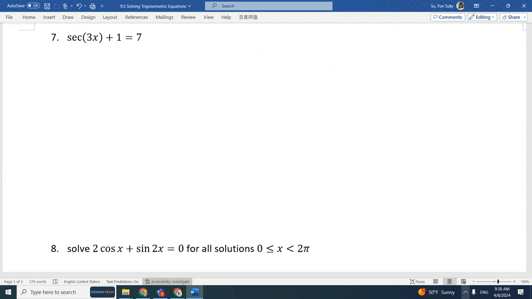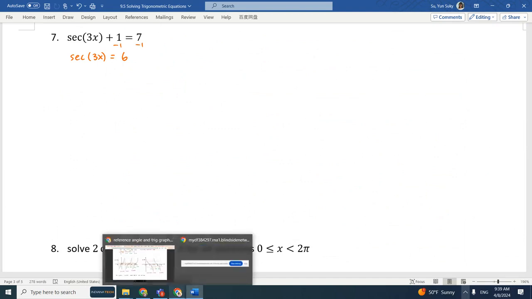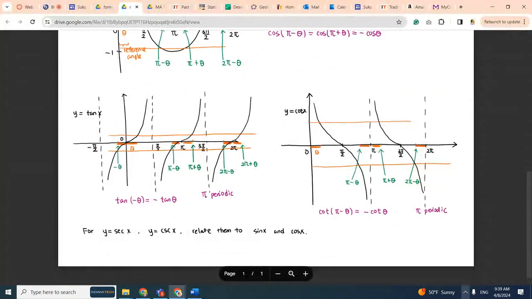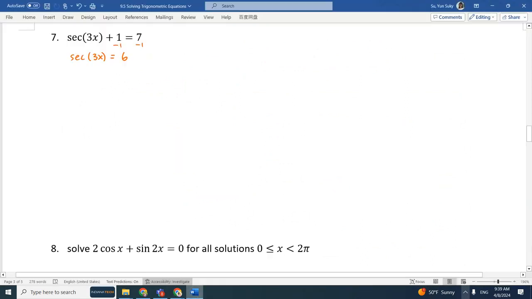How do we do it? Subtract 1. So we get secant 3x is what? 6. Okay, secant 3x is 6. Now we want to find what is the 3x. If you have secant, relate it to the cosine, right?